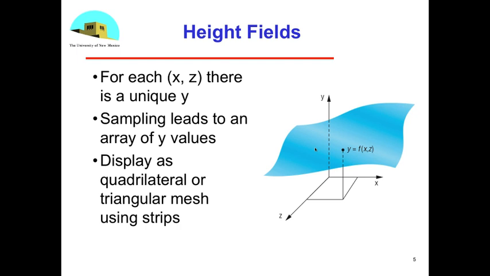In other words, each data point would be x, y, z, where y was the height, and that determines a little polygon out in space. So now how do I display that?